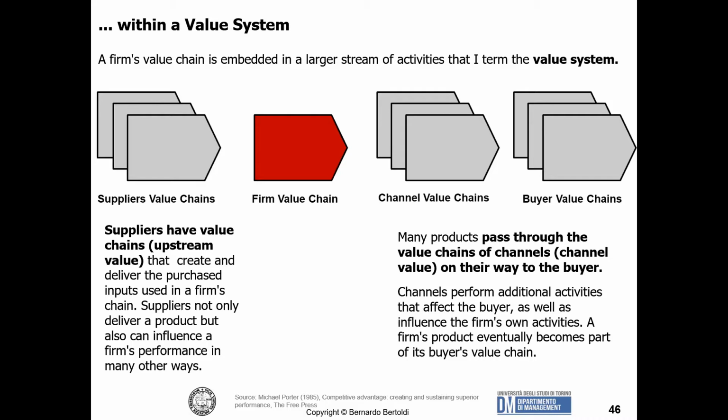And we start from the value system. The value system is the way in which Professor Porter described the system through which added value is taken to the final customer.